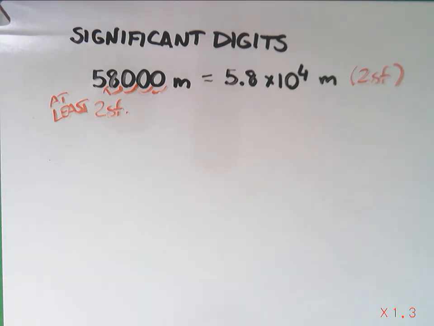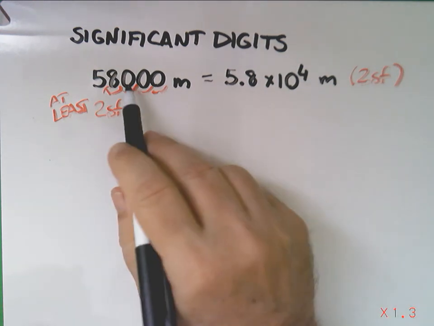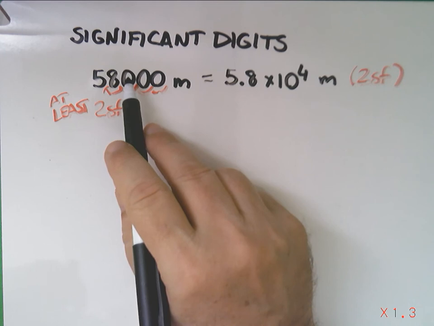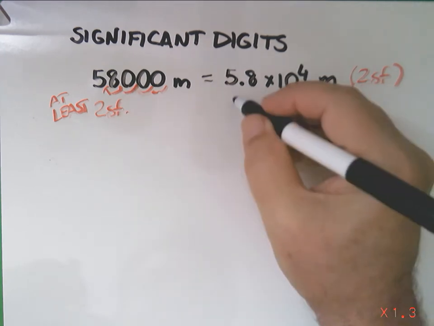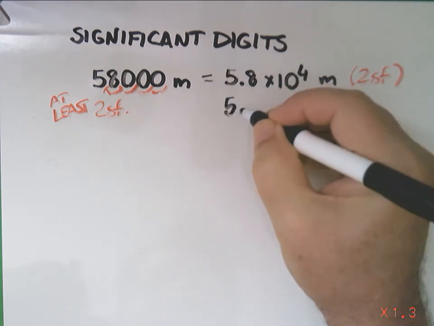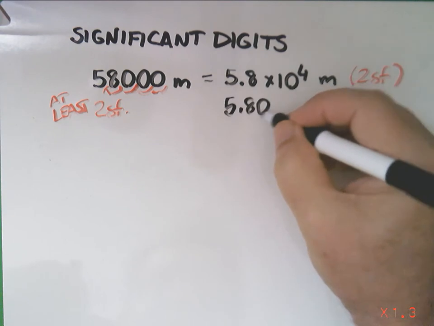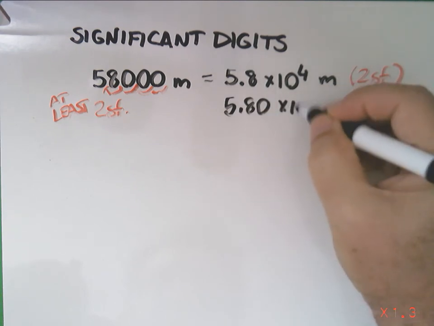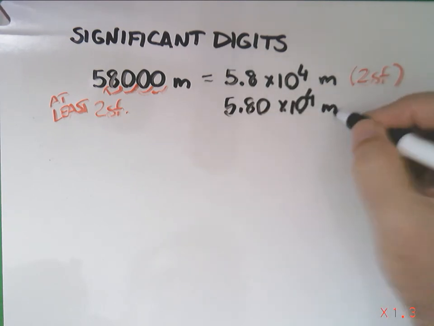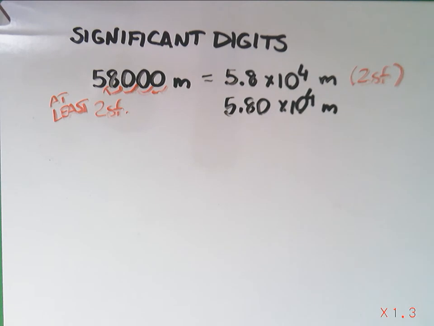Now, what if I wanted to show, though, that that was where my estimated digit was, in the hundreds place? I could write it like this. Now I am showing that there are three significant figures there.